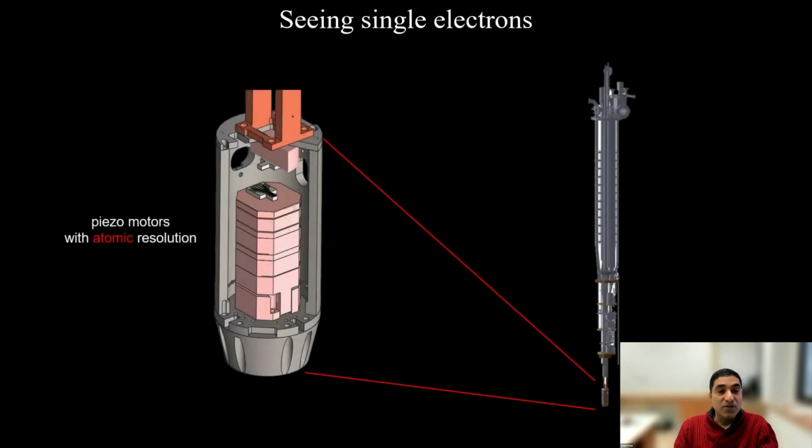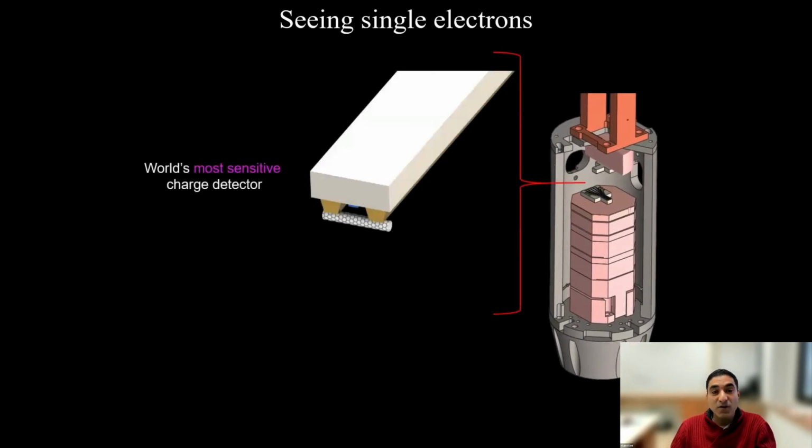At these low temperatures, we have scanning motors that can move things with the resolution of individual atoms. And at the edge of all this, we have interesting detectors. In my lab, it would be the world's most sensitive charge detector.